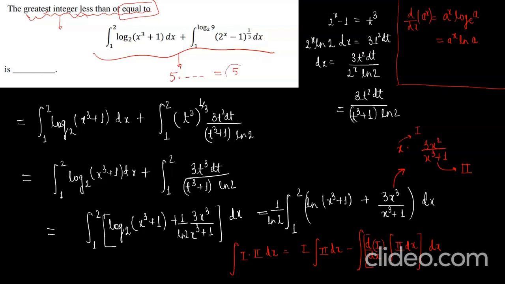This is the greatest integer less than 5 point any value till 6, 6 not included; after 5 any value before 6 gives the greatest integer as 5. So our answer is 5.